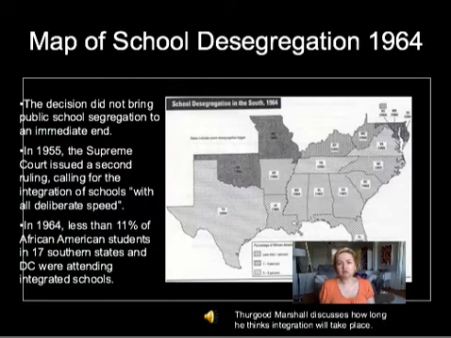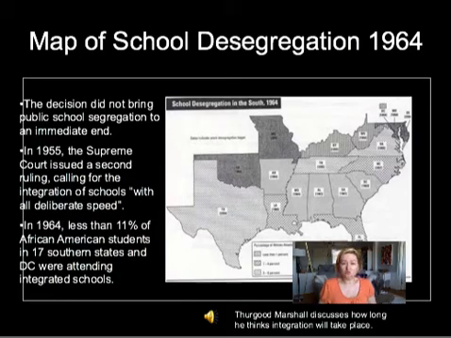Here we have a map of school desegregation in 1964. I don't know if you can see it, but you can possibly enlarge it in the PowerPoint slides, which I will also publish. The decision of the Supreme Court did not bring public school segregation to an immediate end because states were implementing this legislation at different speeds.